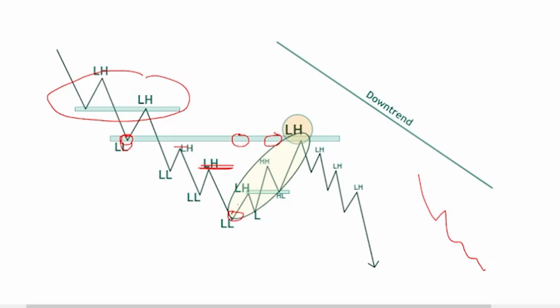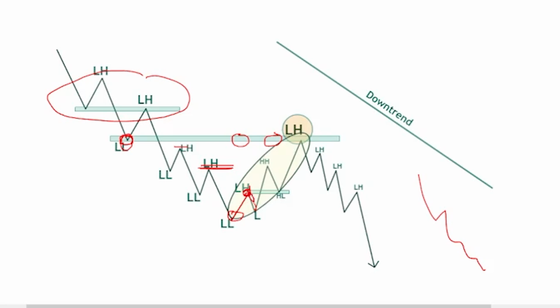This is the only pullback where traders have an opportunity to trade against the trend. Remember, we have an area that we left by not retesting from there. So what you have to do: as you make a higher low, this lower high turns into resistance.